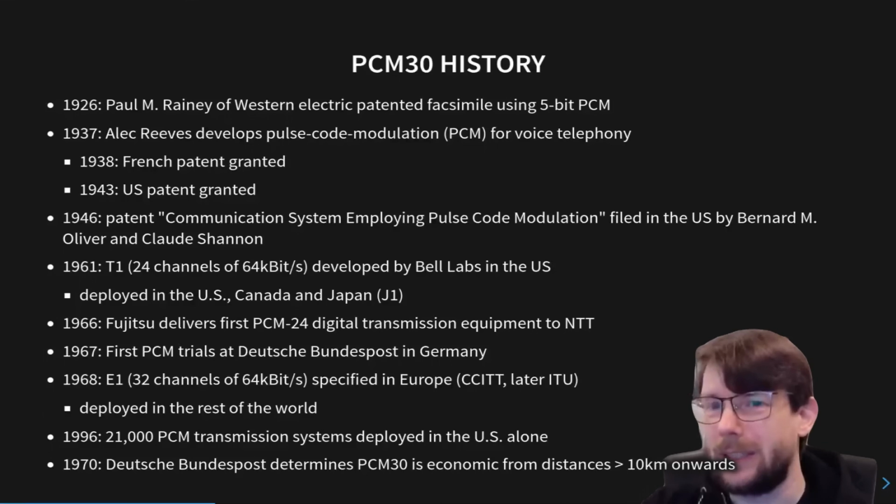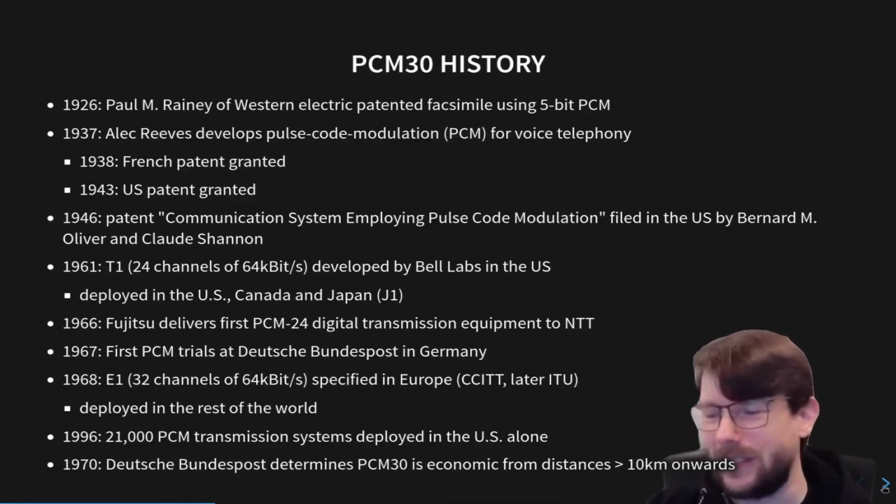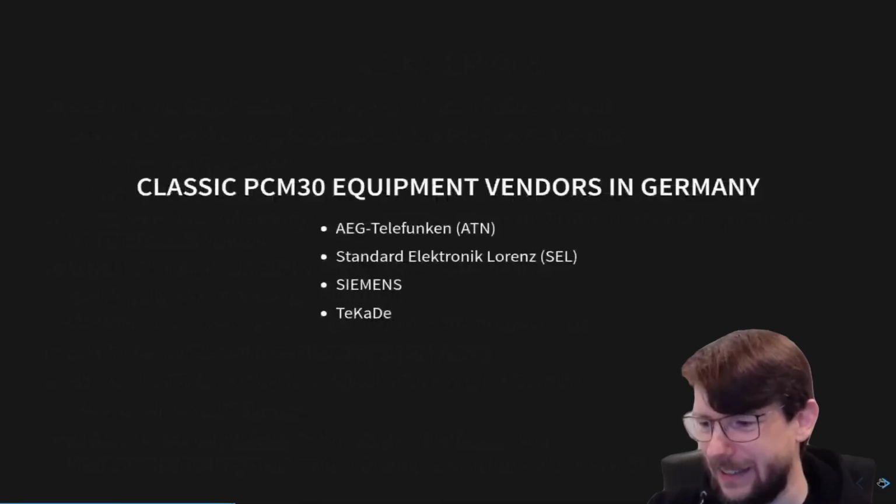If you were below 10 kilometers, some of the analog systems made more sense, but if you went above 10 kilometers in 1970, then it was economically better, so cheaper, to do PCM30. Of course, with further integration and improvement of electronics, that has likely changed significantly in later years.